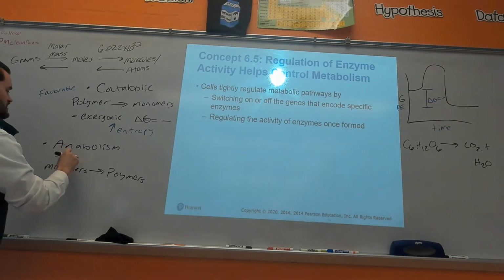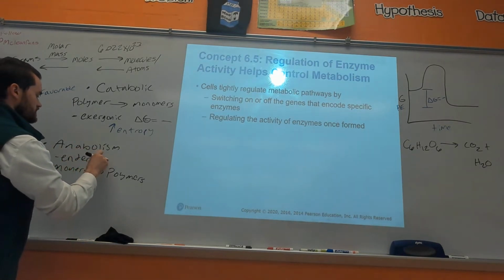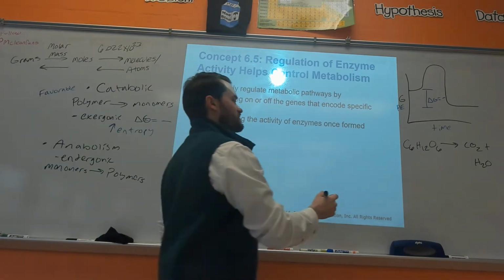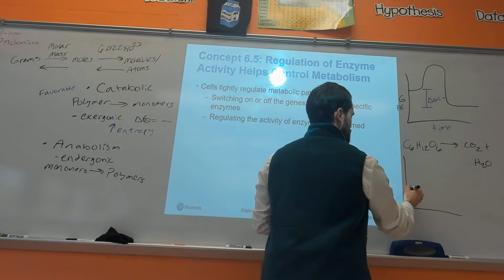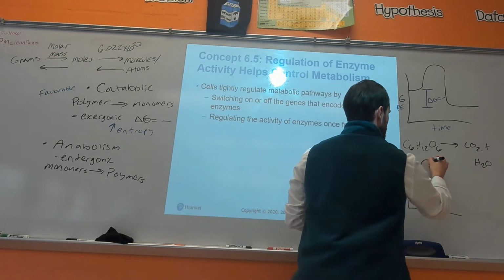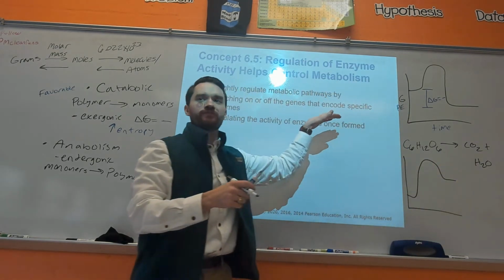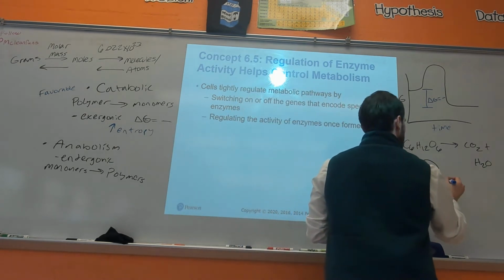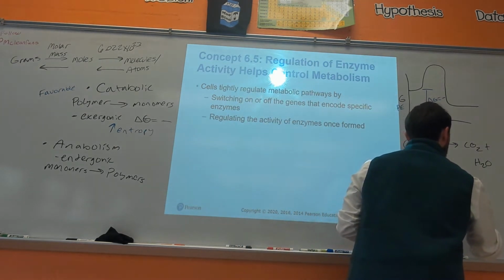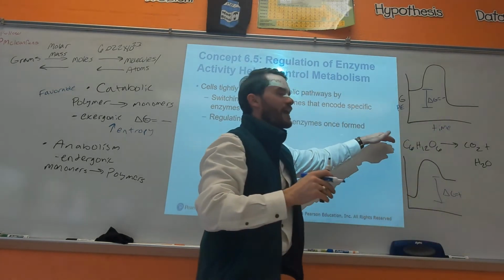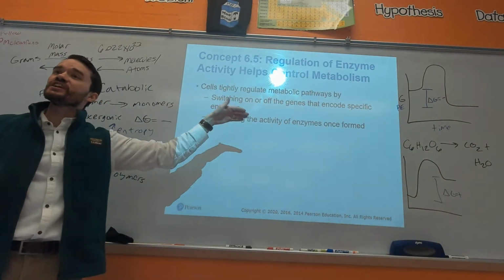This would be endergonic. So endergonic, what that looks like for the reaction diagram is your reactants start at a lower free energy and your products end at a higher free energy. And that's why here the delta G is positive. You raise the free energy, that potential energy of your products.